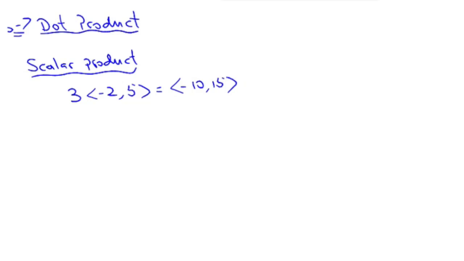That's a scalar product. Dot product, you're going to do a calculation based on 2 vectors. So whereas scalar product is a number times a vector giving you a vector, a dot product is going to be a vector dotted, don't call that times. I know times is usually dot, but you really want to say v dot w. When you do a v dot w, you're going to end up with just a number, a scalar.